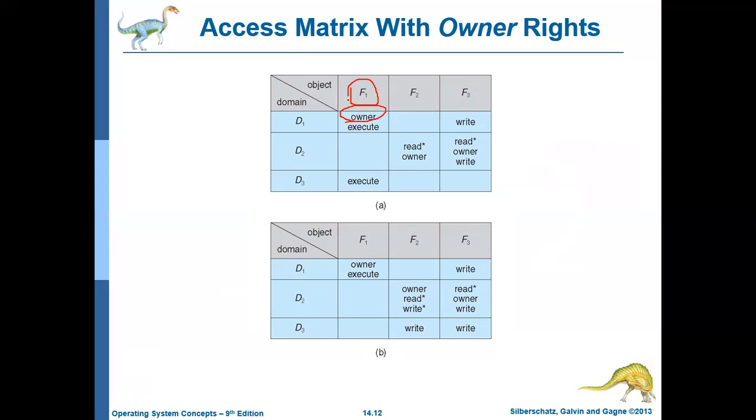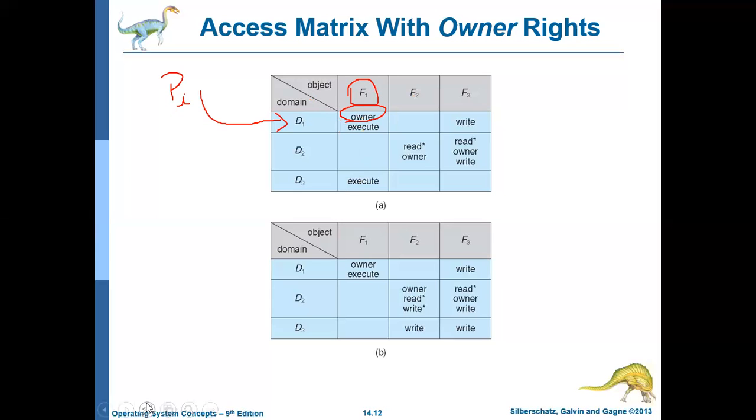If the process PI has an owner privilege on a particular object, then it can add or remove any privileges to any domains for the respective object.